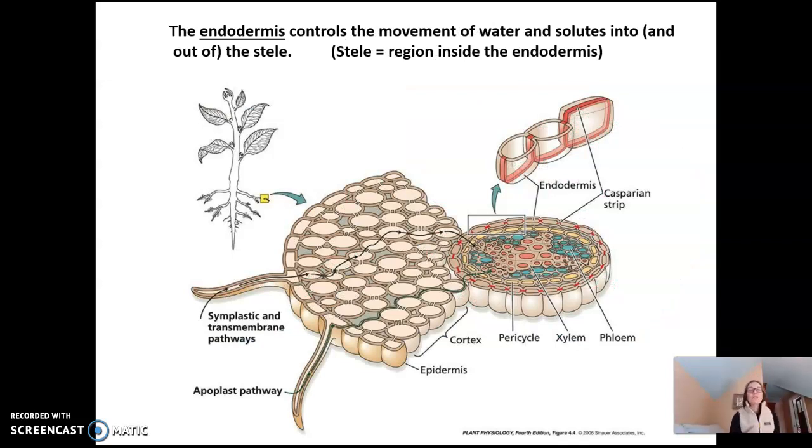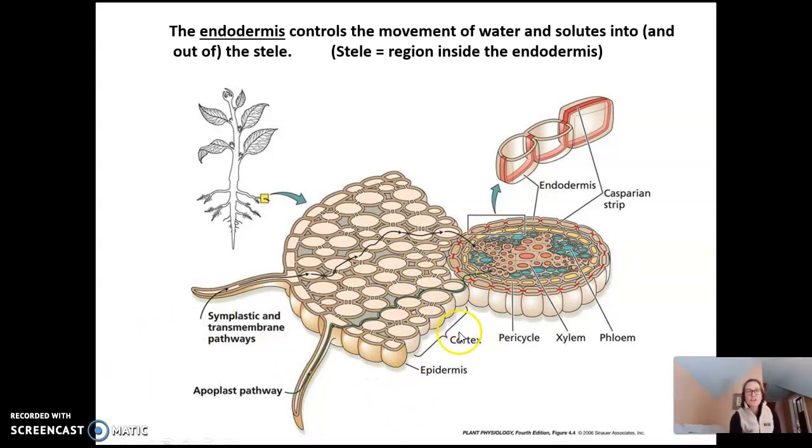So what is all this? Well, we have our epidermis. That is our outer coating, protects the rest of the root. The cortex makes up the bulk of this root. Water will be transported through the epidermis, through the cortex, into the vascular system of the root.